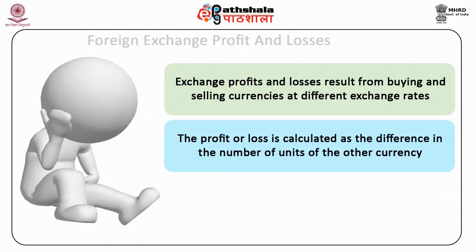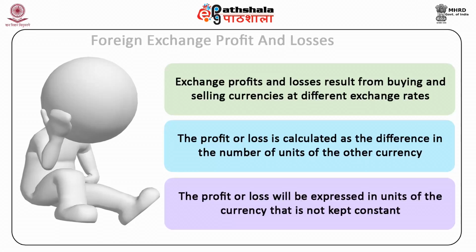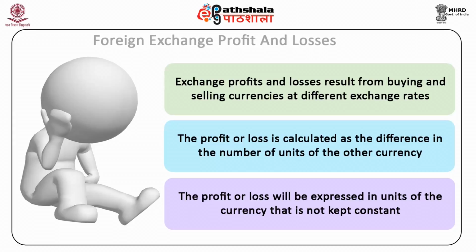Consequently, the method of calculating exchange profits and losses varies depending on whether the commodity currency or the terms currency is kept constant. The profit or loss will be expressed in units of the currency that is not kept constant.